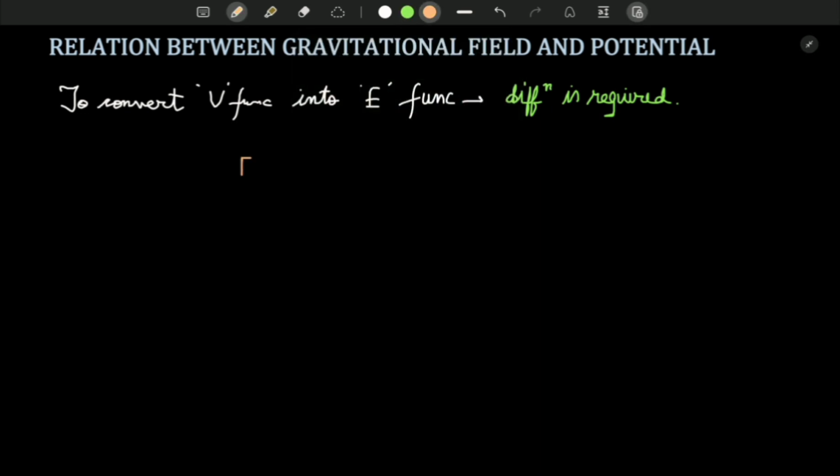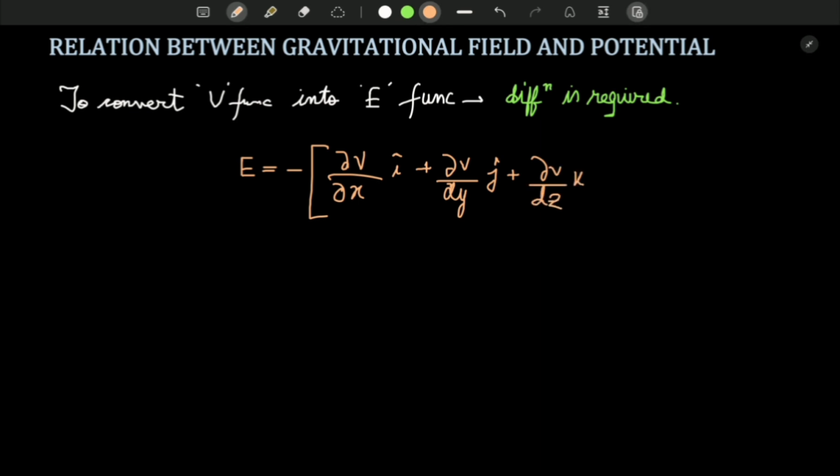So I can write E equals to minus, this is del V by del X i cap, plus del V by del Y j cap, plus del V by del Z k cap.